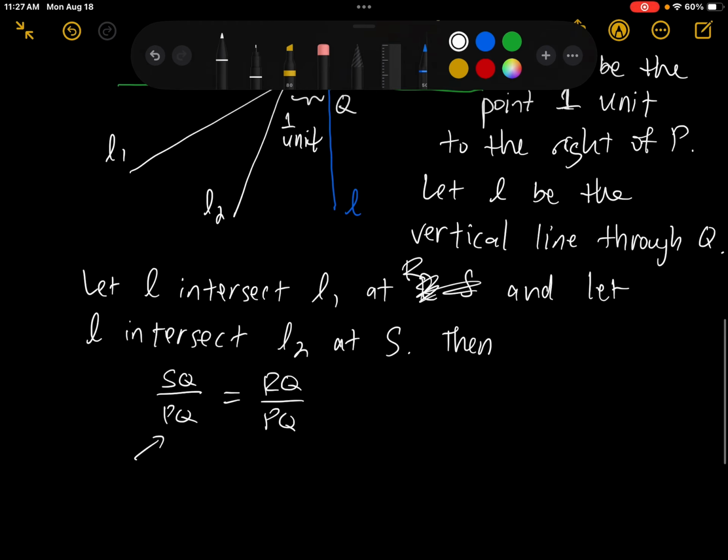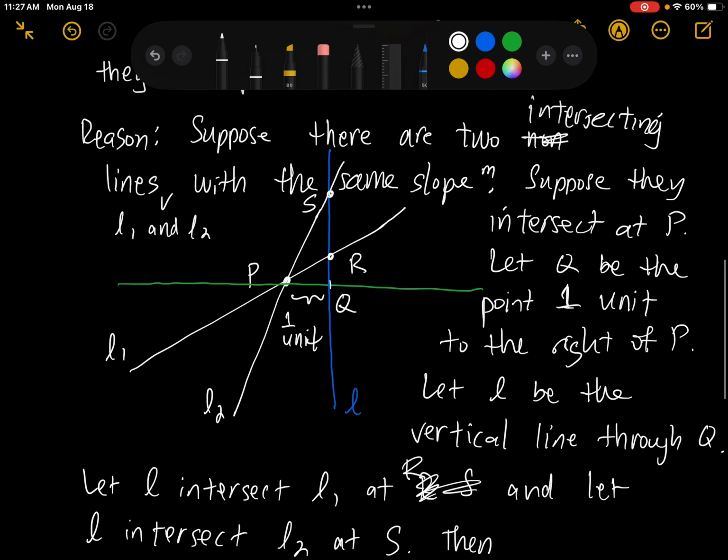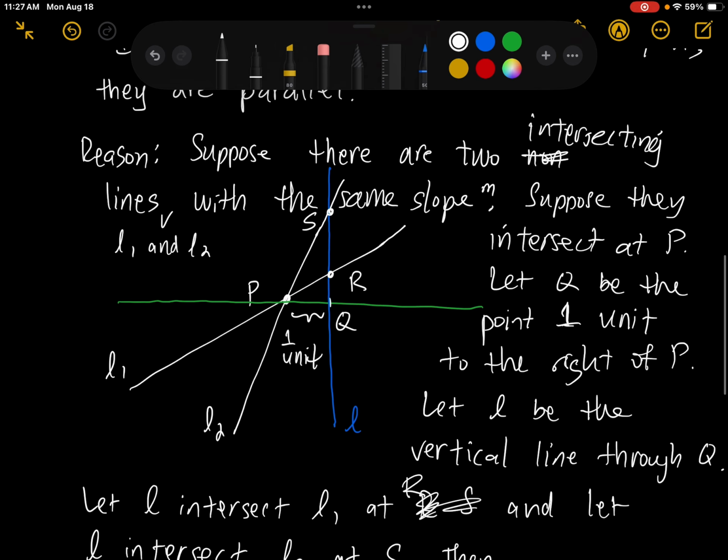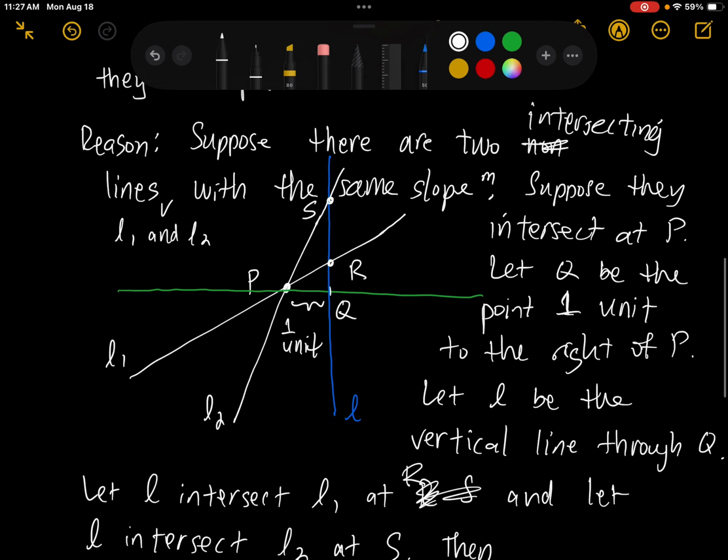So this is the slope of L2, and that's the slope of L1. I'm assuming that L1 and L2 have positive slope. So let's assume that M is positive in this case.